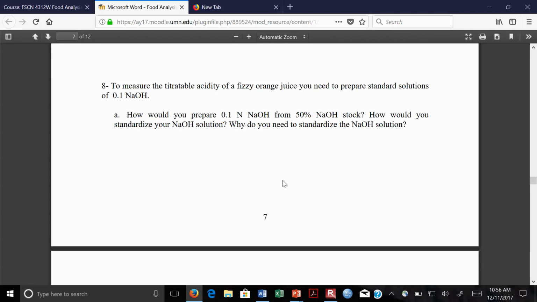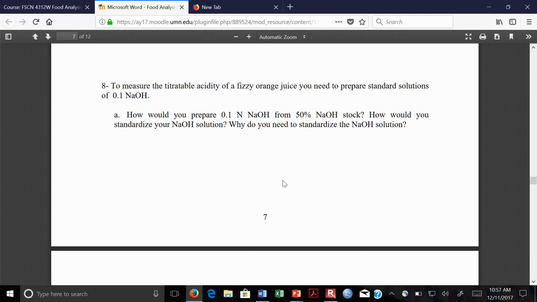And then how would you standardize it? This was the missing information in the question on the quiz. The student did not state how they standardize it. You needed to say that NaOH is standardized by a standard acid, and what we used in the lab was potassium acid phthalate.